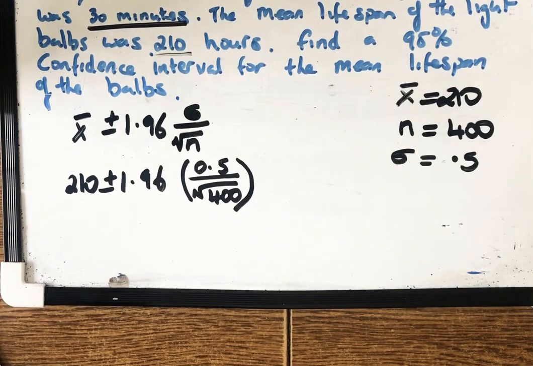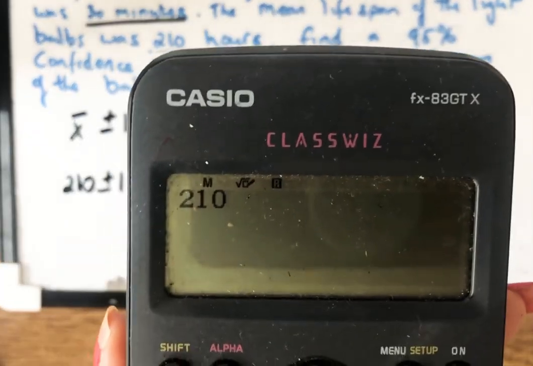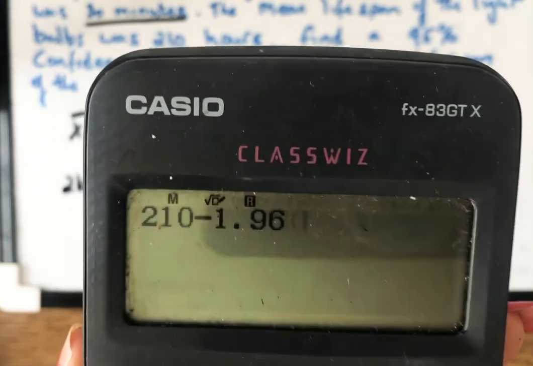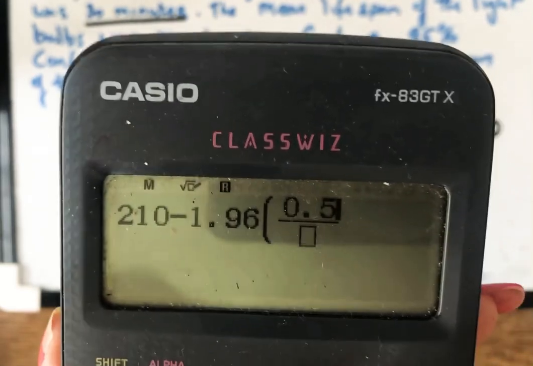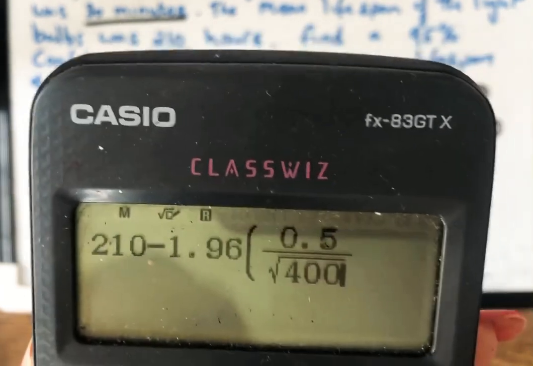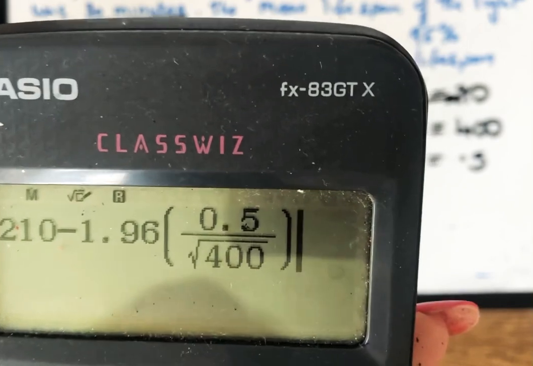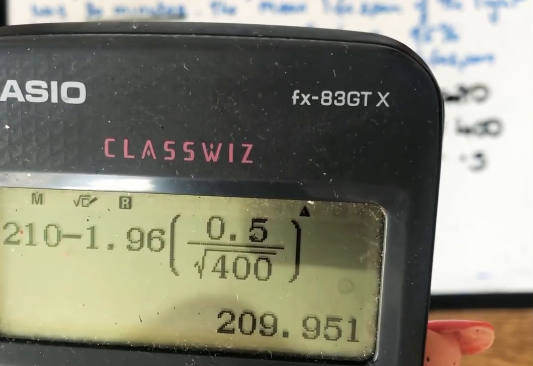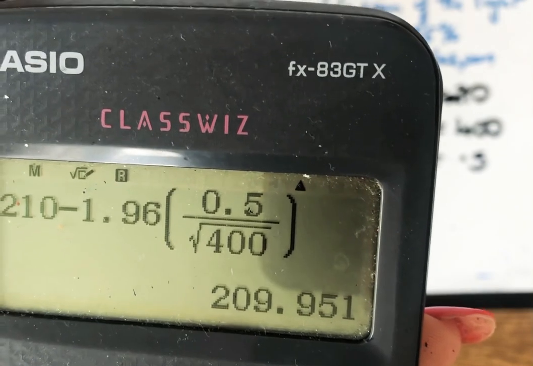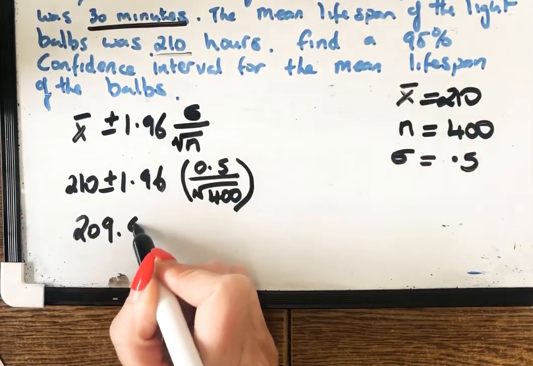I'm typing in 210 minus 1.96 bracket 0.5 all over root 400, equal sign. And we get 209.95. We're going to round here to 2 decimal places, so 209.95.